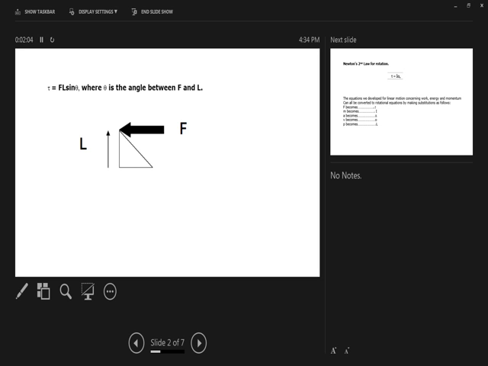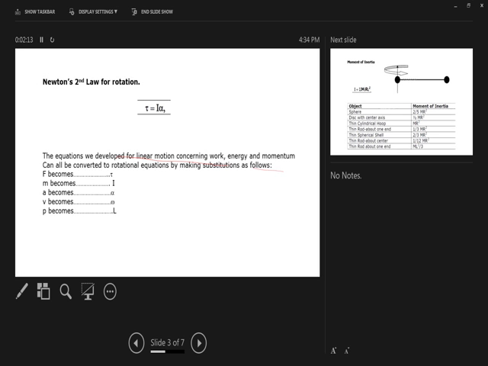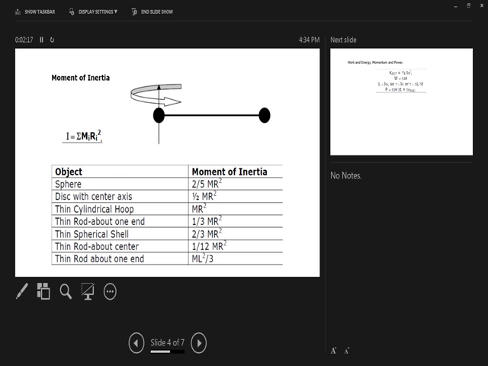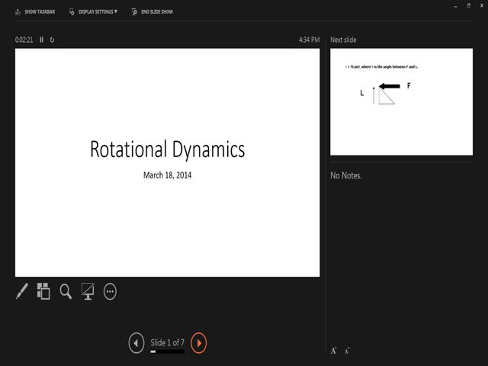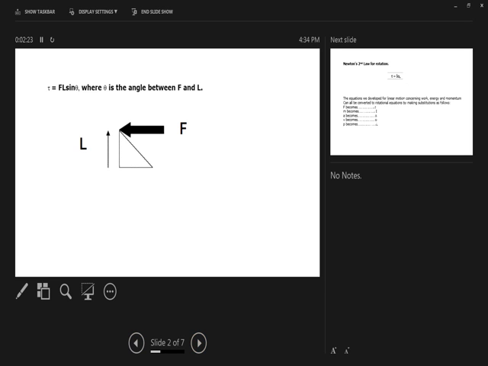The diagram shows a force F here. Okay, let's get a pen here.